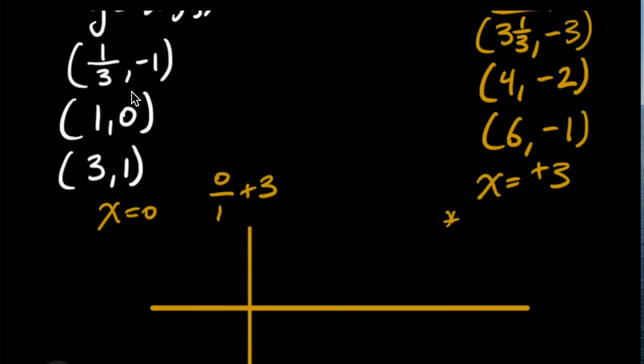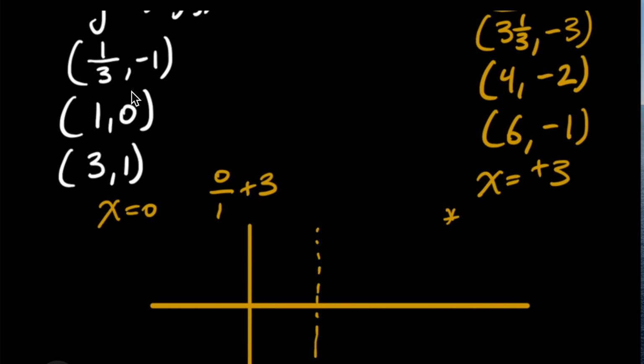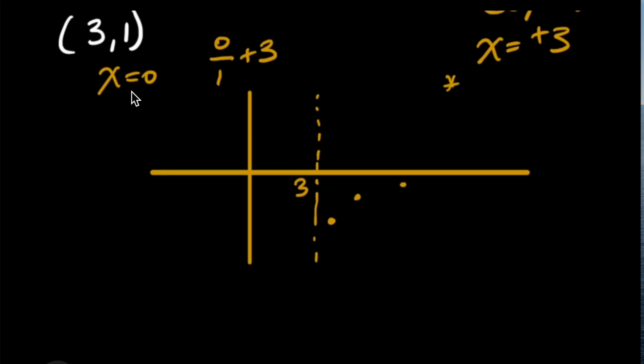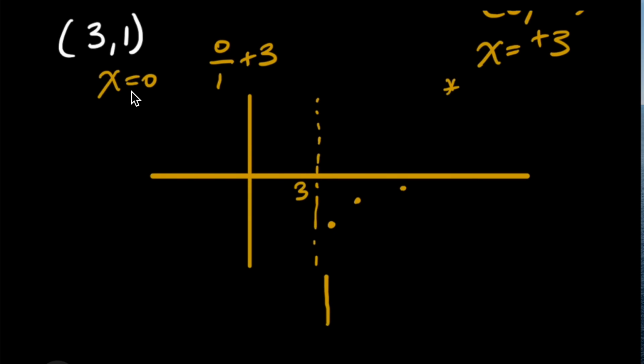Here is our vertical asymptote at x equals positive 3. Our first point is going to be 3 1/3 and negative 3. Our next point is going to be 4, negative 2. And finally, 6, comma, negative 1. So this graph is going to hug the vertical asymptote, go through the points, and indeed head towards quadrant 1.